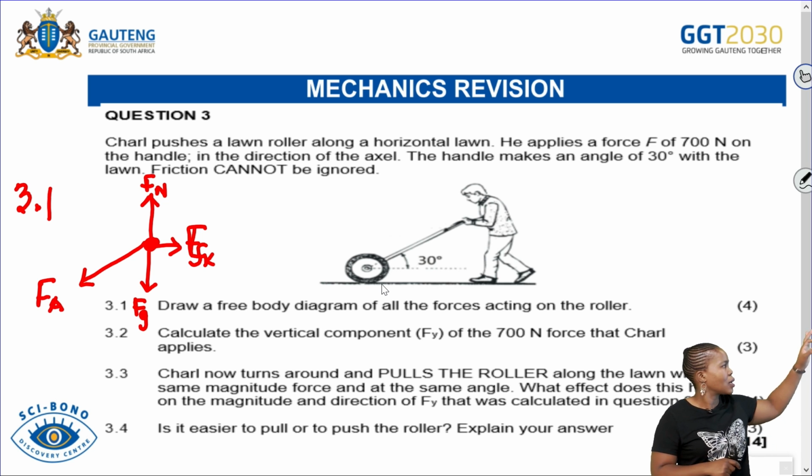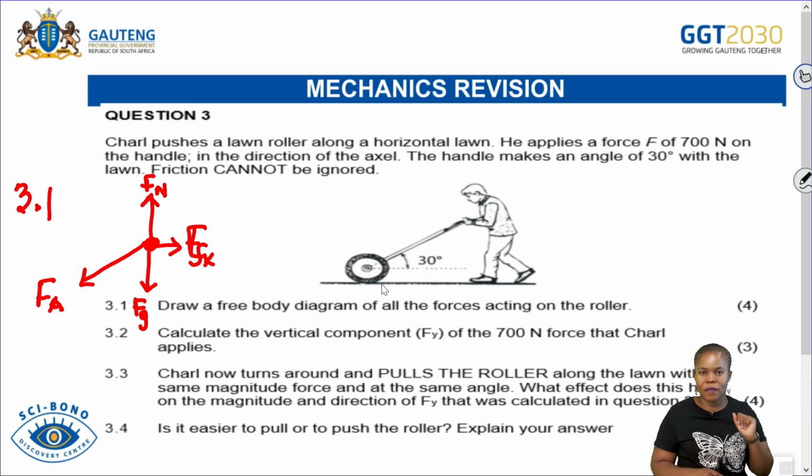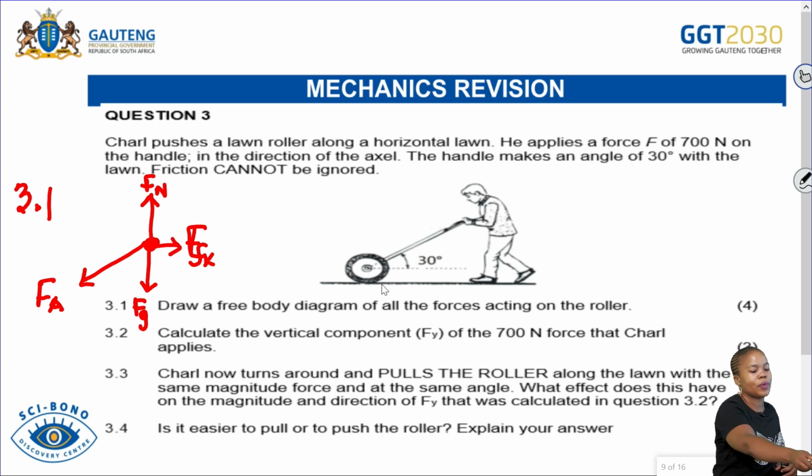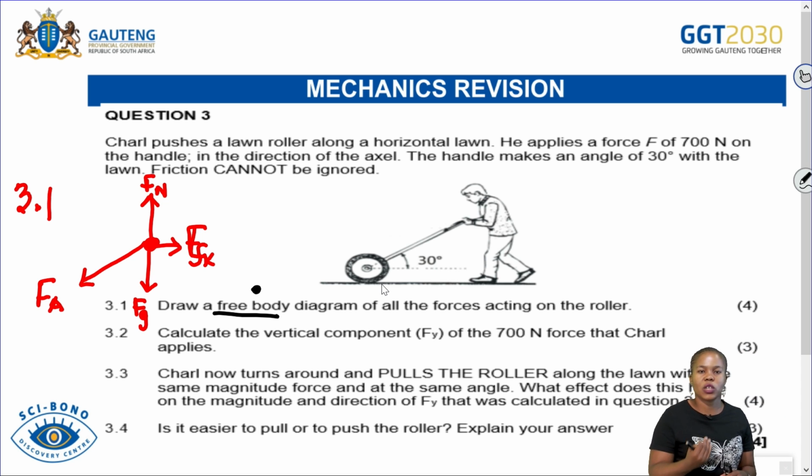So the length of this arrow gives me the magnitude, and the arrow tells me about the direction, where it is being exerted. So we are done with question 3.1, where we had to draw a free body diagram. Remember, we are representing any object of interest by using a dot.